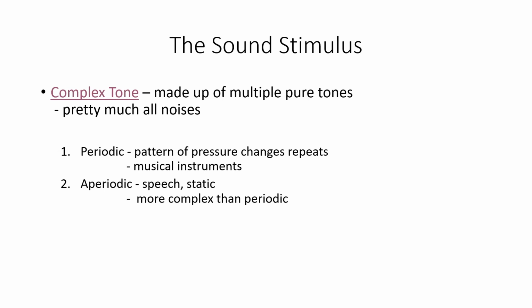But we also hear in music, because people are singing, and so there's speech as part of that, aperiodic sounds as well, which would be the singing, speech, static. If you're listening to a radio and it's static kind of going in and out, that is aperiodic. It does not have that same kind of repetition that is predictable, and it's more complex than periodic.